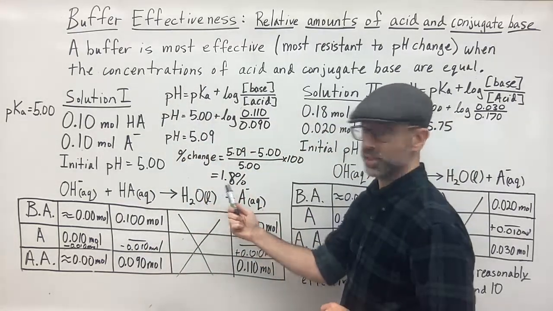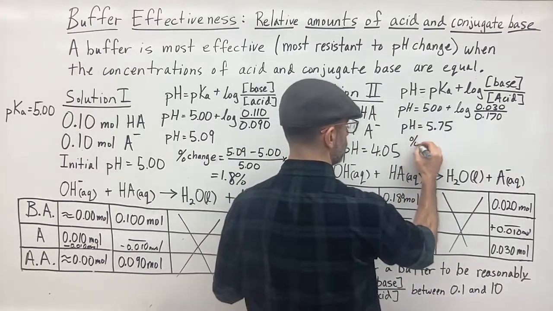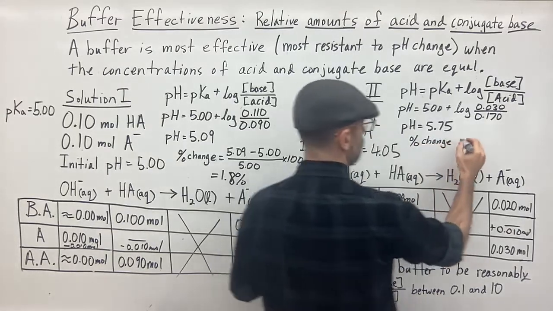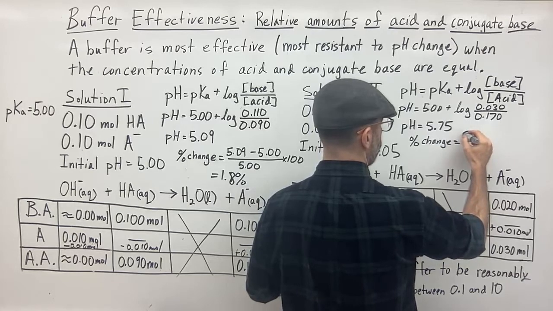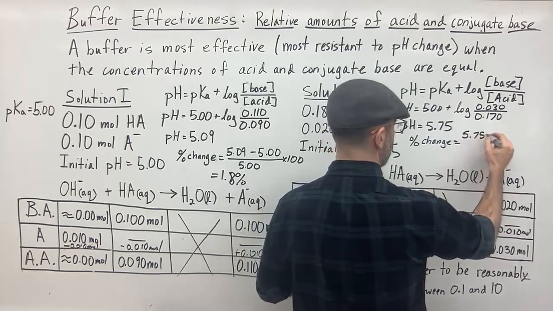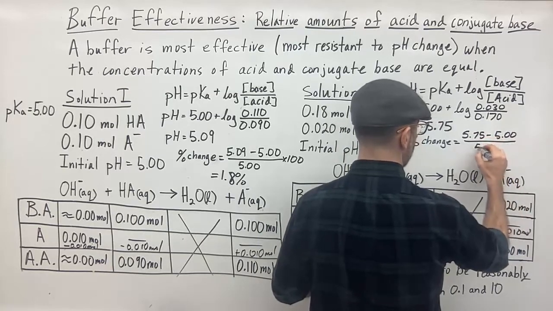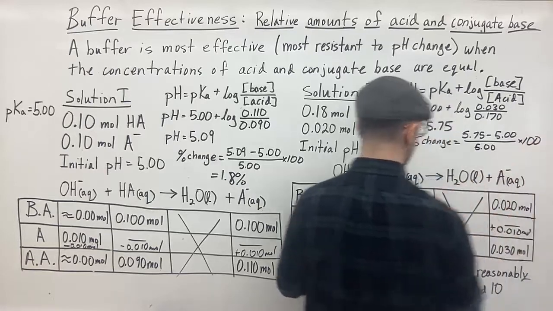We're going to do the same percent change here. So percent change is going to be equal to the 5.75 minus 5.00 again, divided by 5.00 multiplied by 100.